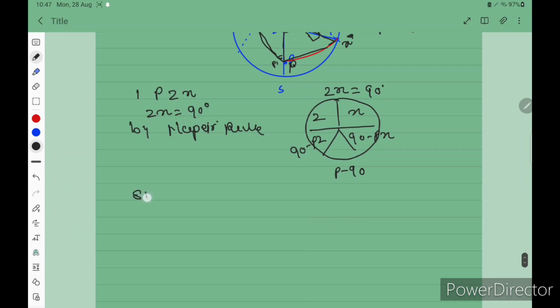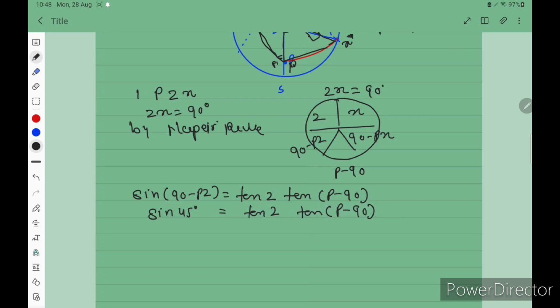So sine of 90 minus PZ is equal to tan Z into tan of P minus 90. Sine 45 we already know. So sine 45 divided by tan 60, Z value we have tan 60, gives tan of P minus 90.